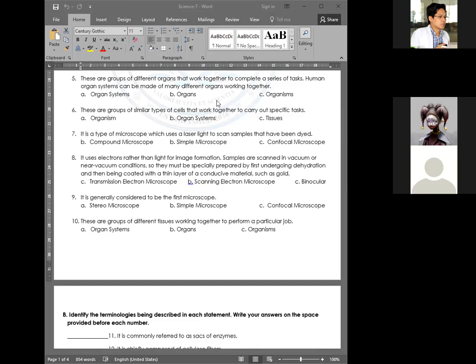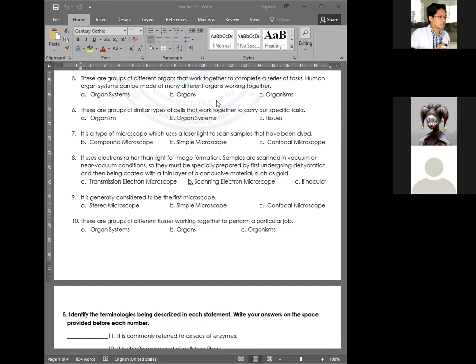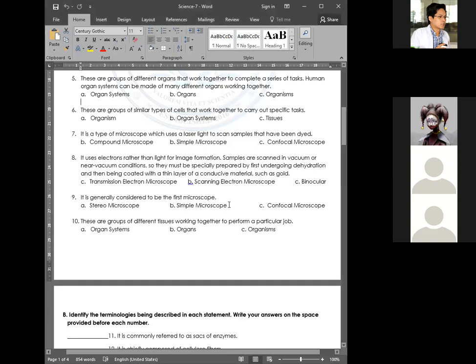Okay, scanning electron microscope. It is generally considered as the first microscope. It is what? It is B, simple microscope. So this is just a magnifier.